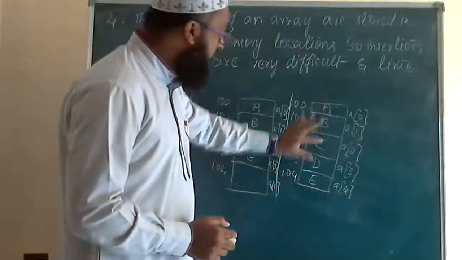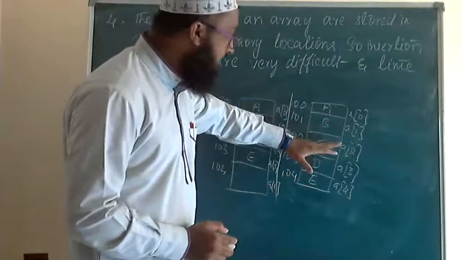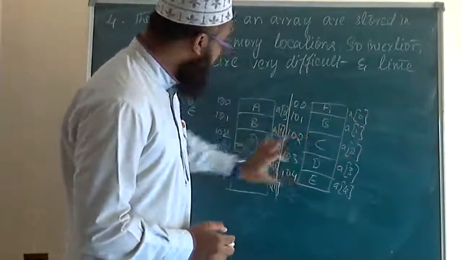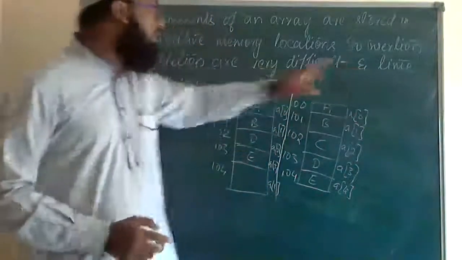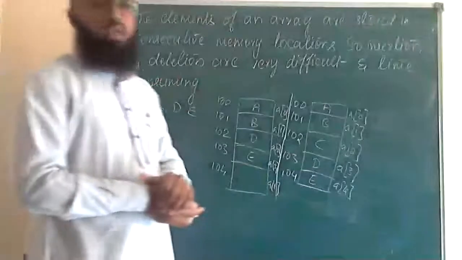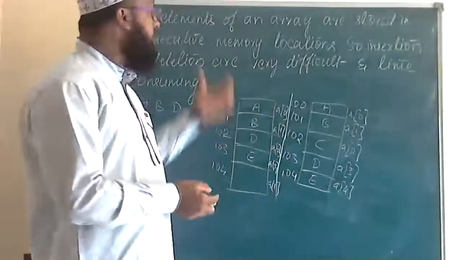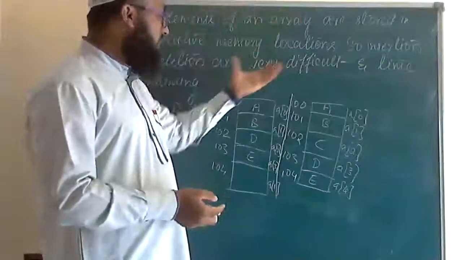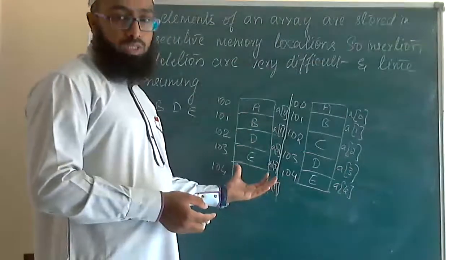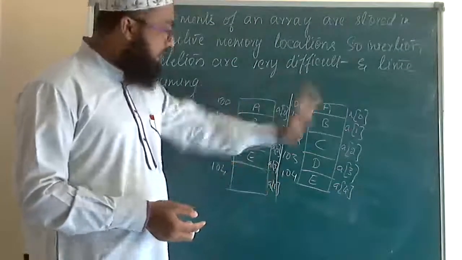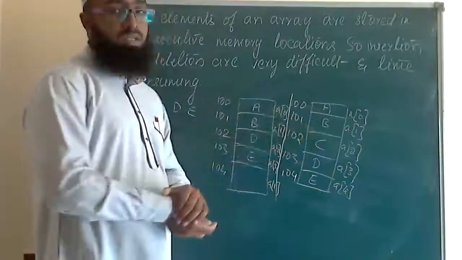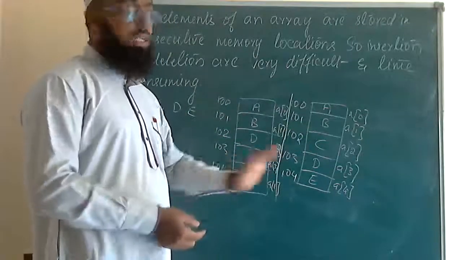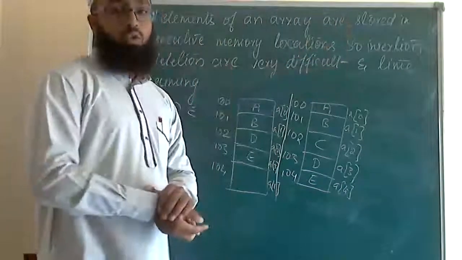Okay, take this array. If we want to delete C, at that time this C has to be deleted, and these two items should come up. It is very difficult and it will take a lot of time. This means elements are stored in consecutive locations. Because of that, insertion or deletion of an element is very difficult and time consuming.